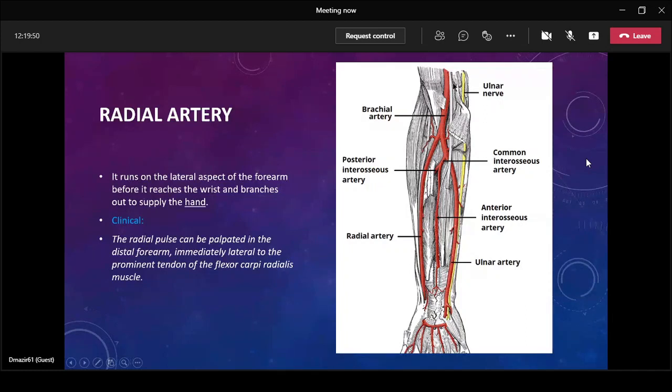And the brachial artery in the cubital fossa divides into its terminal branches. The one running on the lateral aspect is the radial artery, and the other one running towards the medial aspect is the ulnar. Ulnar is relatively a larger branch and is more in line with the main trunk of the brachial artery.